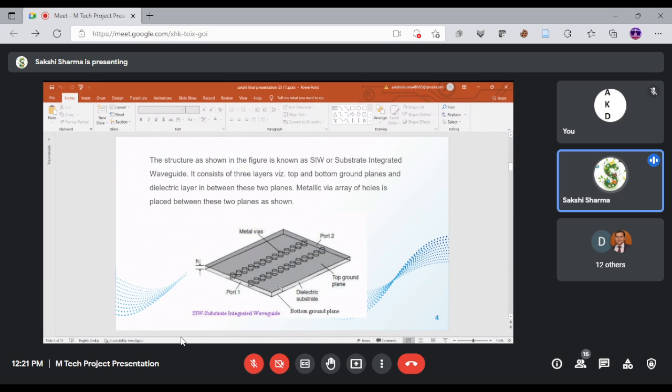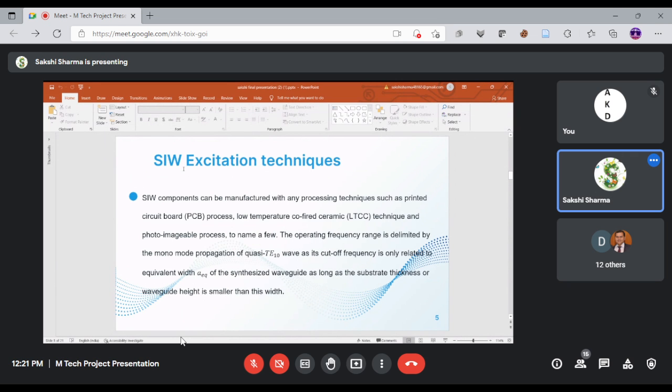The structure, as shown in the figure, consists of 3 layers: top and bottom ground planes and a dielectric layer in between these two planes. A metallic wire array of holes is placed between these two planes as shown. SIW excitation techniques: SIW components can be manufactured with any processing technique such as the printed circuit board or PCB process, low temperature co-fired ceramic LTCC techniques, and photoimageable process.